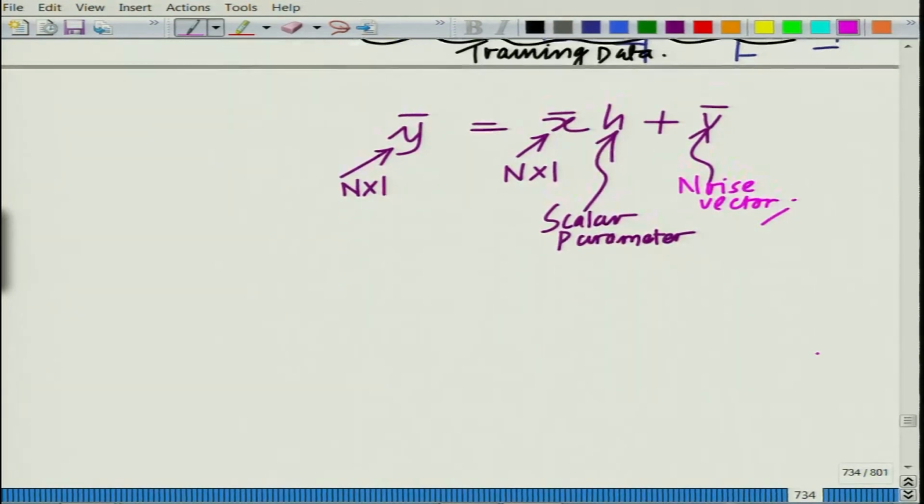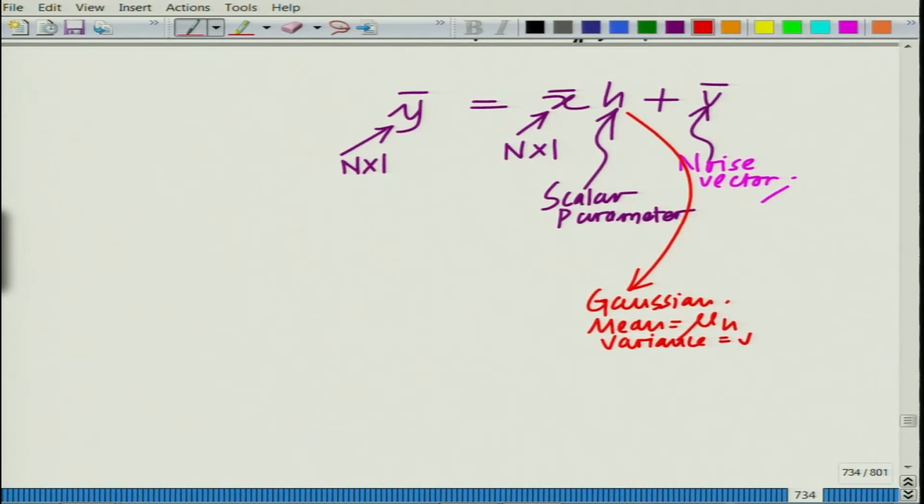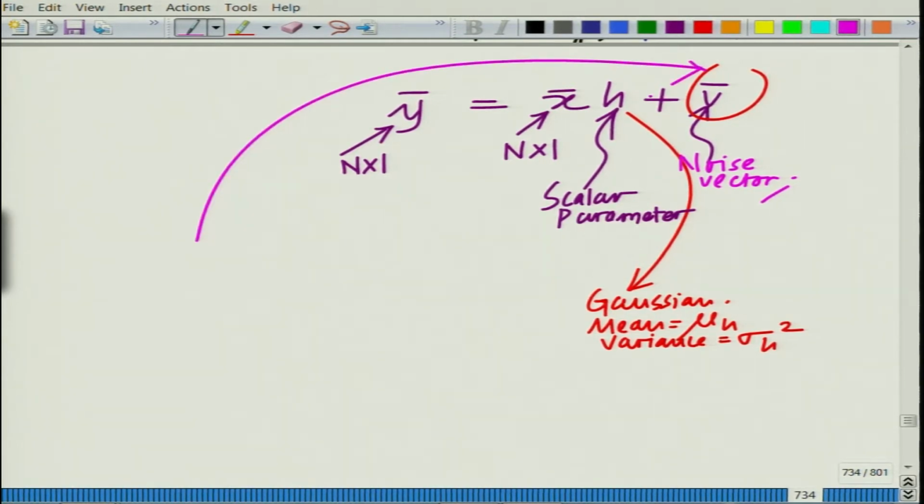And what we have said is the following thing. This is Gaussian in nature. Remember, we are considering Gaussian inference. Let us say the mean equals mu h, and the variance of this is sigma square, and the noise, as usual, the simple model for the noise is IID, that is the samples are independent, identically distributed, that is the correlation is 0.